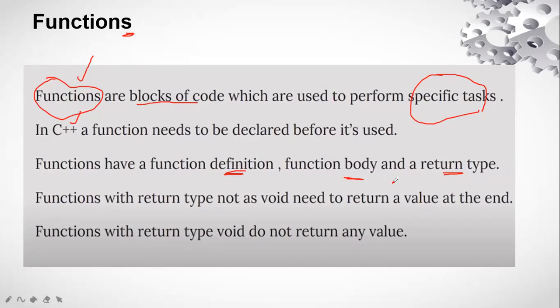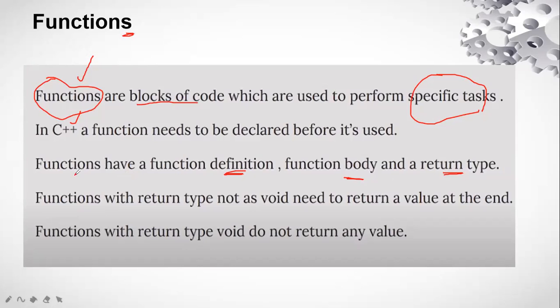In the earlier section I told you that main is a function and it should have a return type. So we always return a value, and we are going to use the same concept in these functions also.